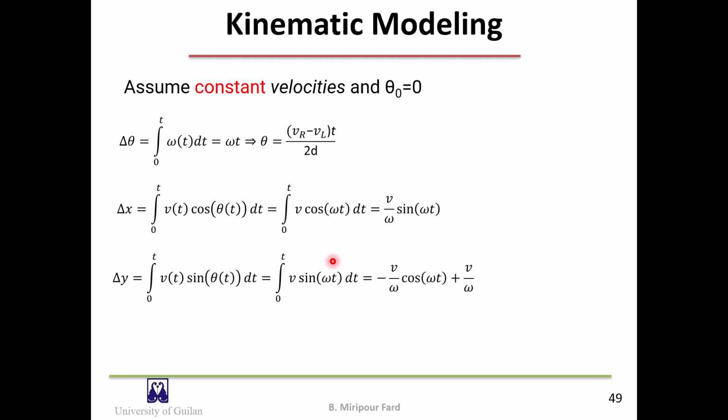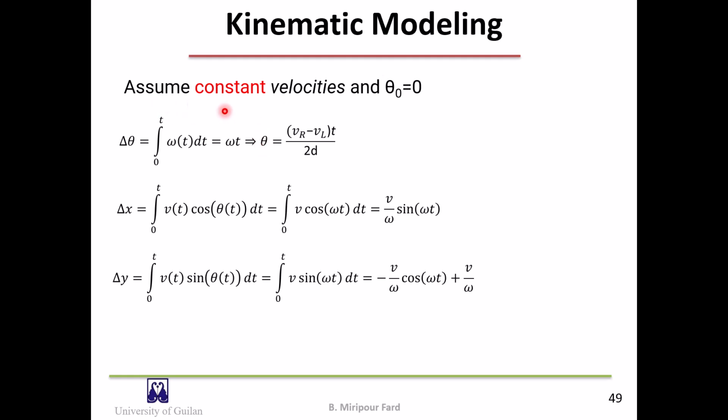However, if we assume that the velocities and angular velocity are constant, and for the case that theta 0 is equal to 0, these integrals can be solved. You can see the solution in this case here.